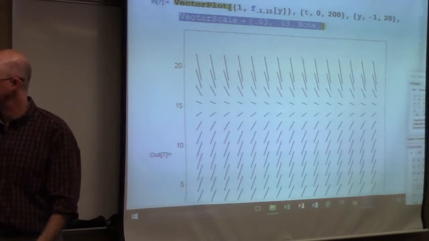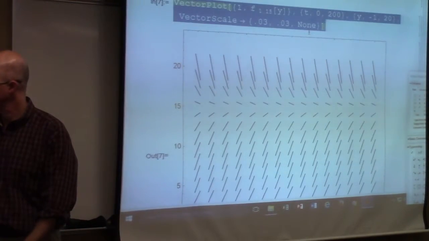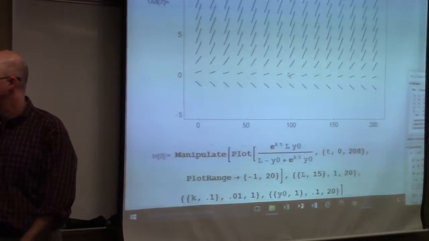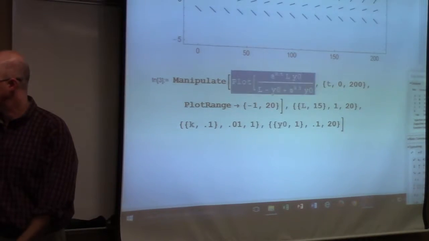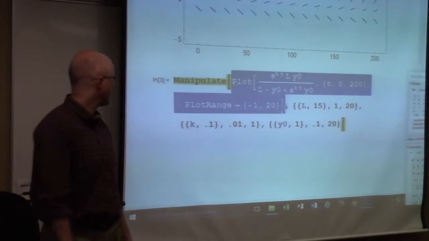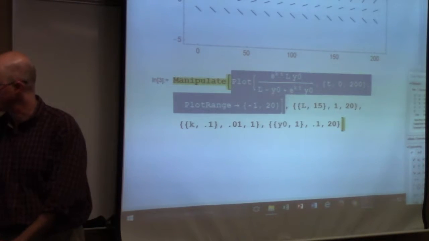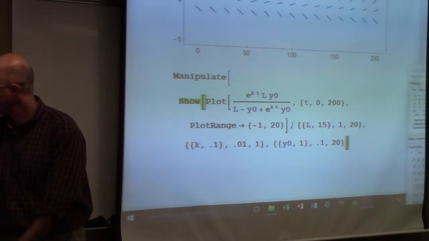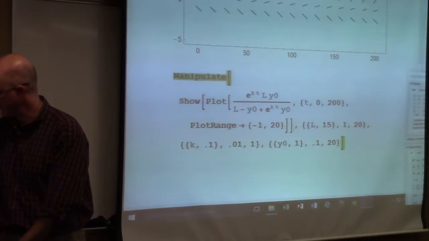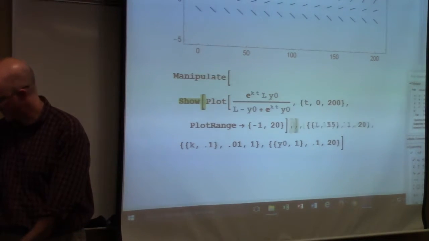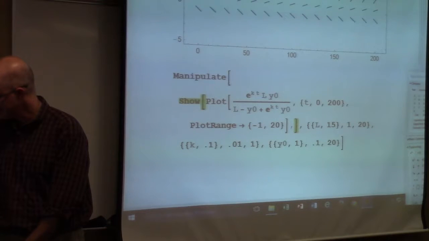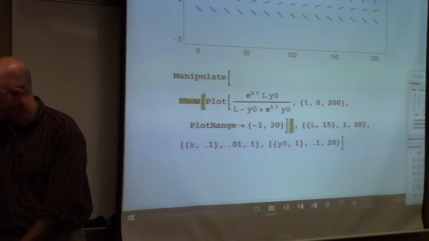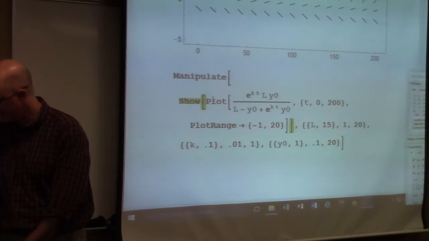In a static picture, I can put this in and manipulate now, as long as I combine plots with Show. So there's my regular plot of my solution curve. If I put a Show in front of this, square bracket, then an n square bracket here, and then inside the Show, put a comma, and actually let's put the vector plot before the regular plot.